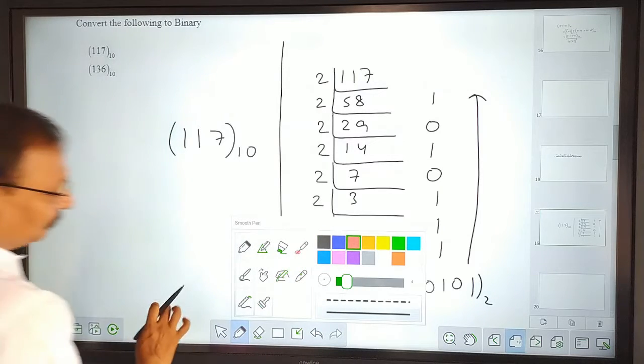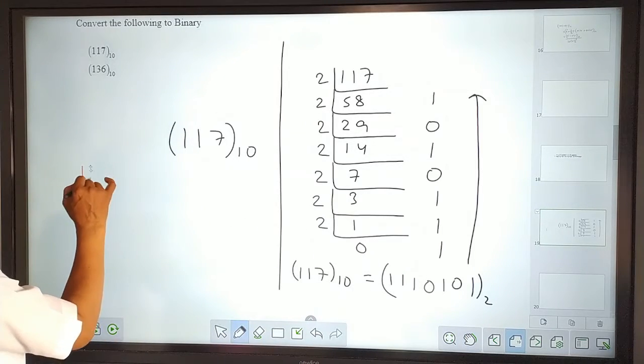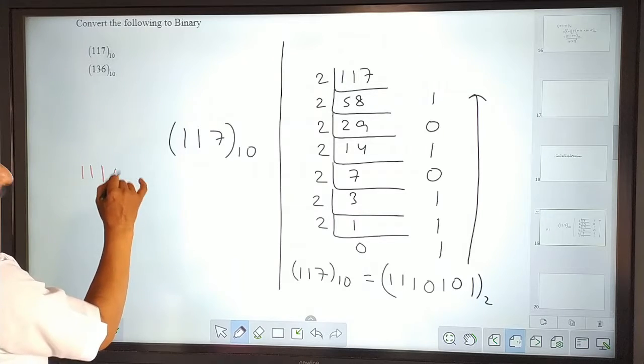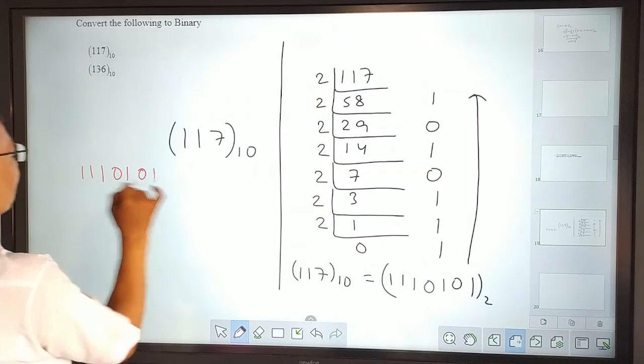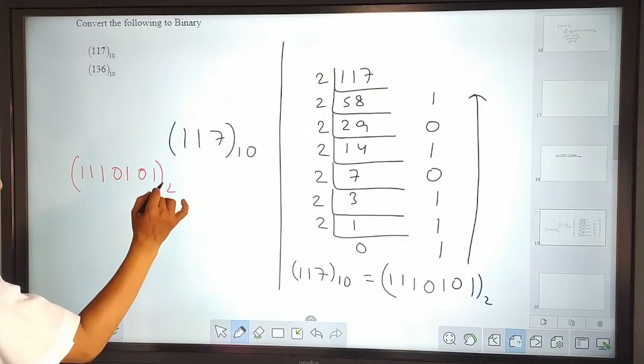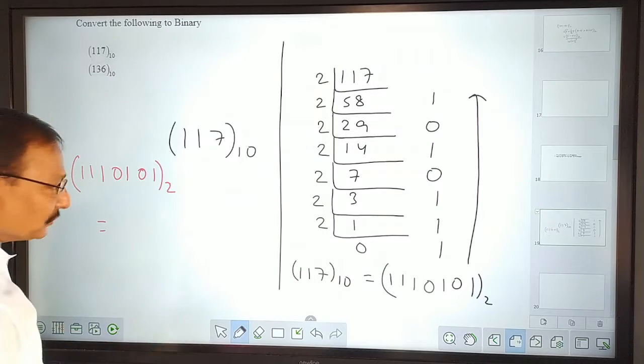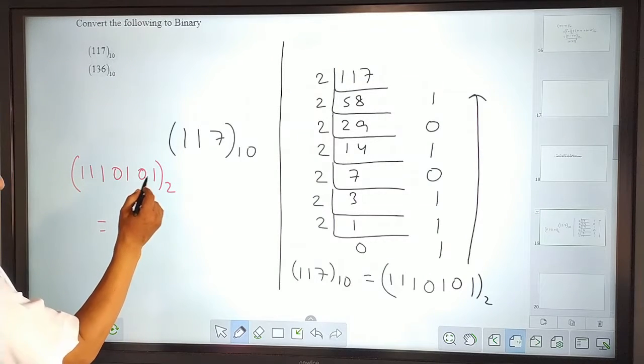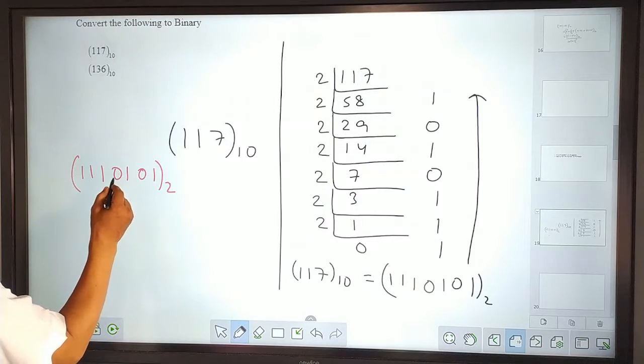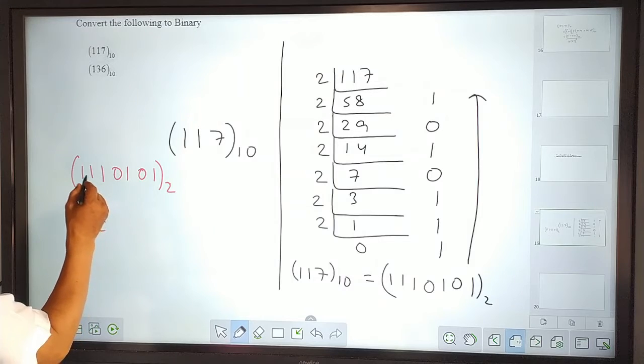If we write the number like this, 1110101 in binary, then as we know, to convert it to a decimal number, we multiply the digits by 2 to the power 0, 2 to the power 1, 2 to the power 2, power 3, power 4, power 5, power 6.